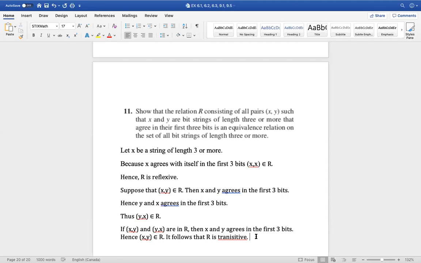Then we supposed there is another pair (x, y) which also belongs to R, made some assumptions, and proved that (y, x) also belongs to R. Now if both of them belong to that relation, then x and y agree in the first three bits, therefore R is a transitive relation.